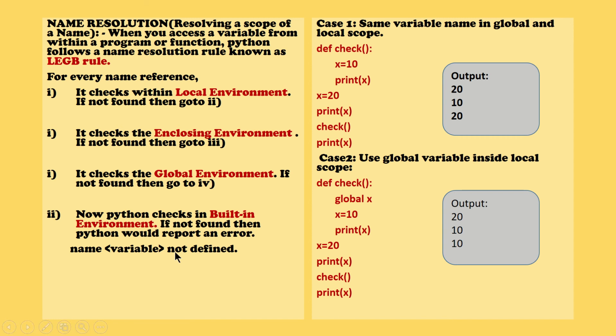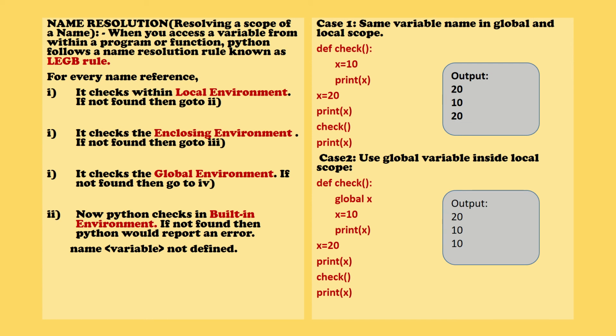You may wonder why I need to understand this. There won't be any problem if you are using different variable names in different scopes. However, if you are using the same name in different scopes, what value will be used? To understand that, the LEGB rule will be very useful.